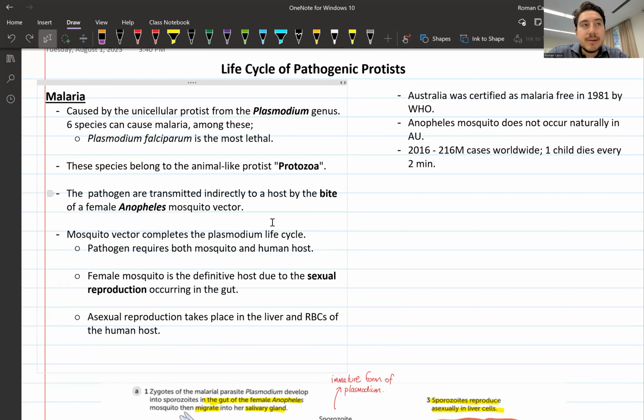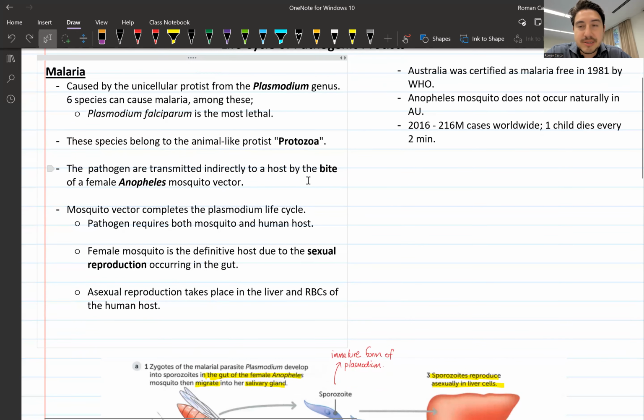So how does this pathogen get transmitted? It's essentially by the mosquito. Again, another case of mosquito transmission, right? Female mosquitoes. So they're transmitted indirectly to a host by the blood feeding of the female mosquito.